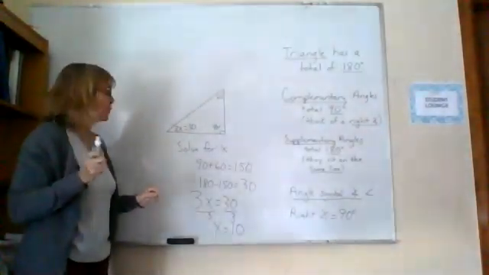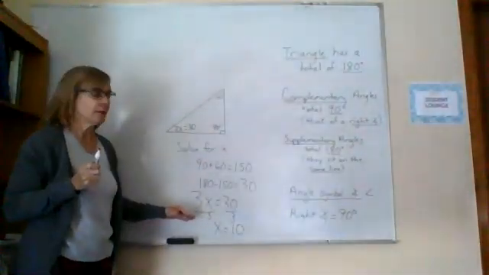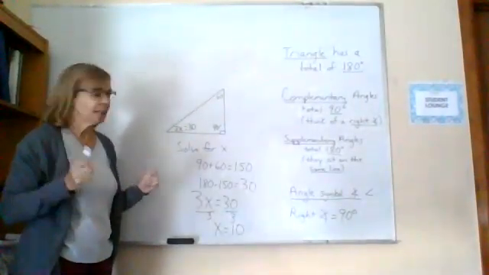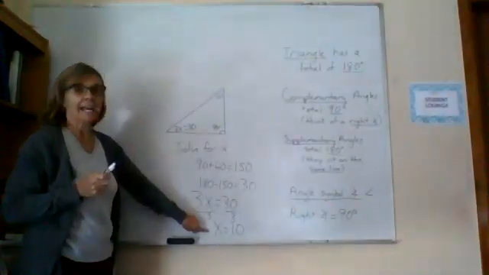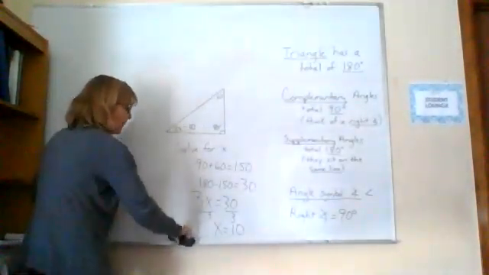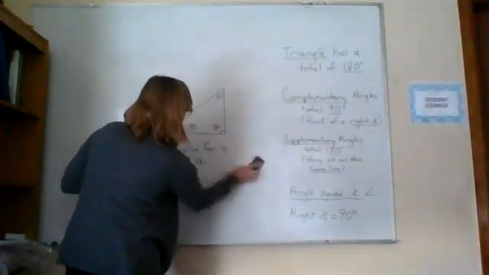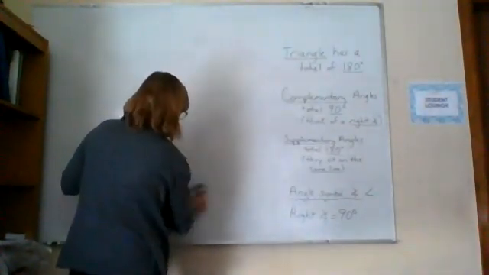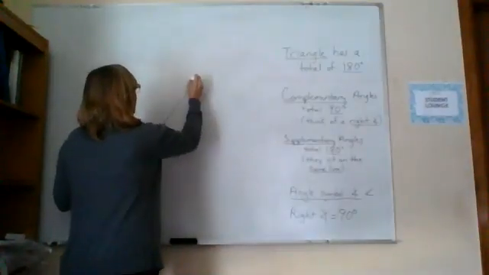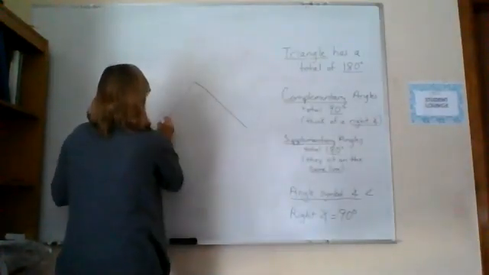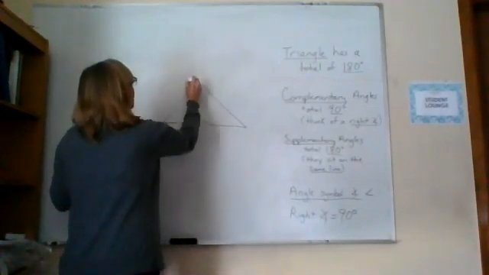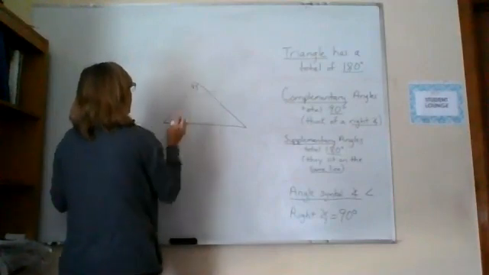I can be pretty sure that if this question showed up on the test, 30 would be one of the answer choices. But it is wrong. If they ask me for the value of x, I have to solve for x. Okay? Let me do one more like this. Suppose I have a triangle that's like this. And let's make this one 93.